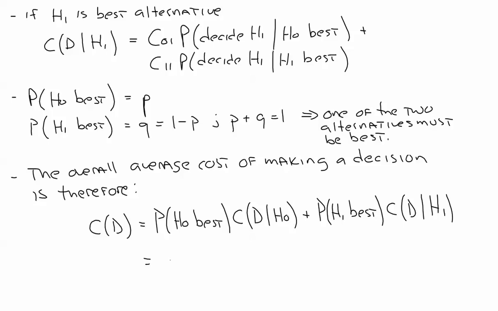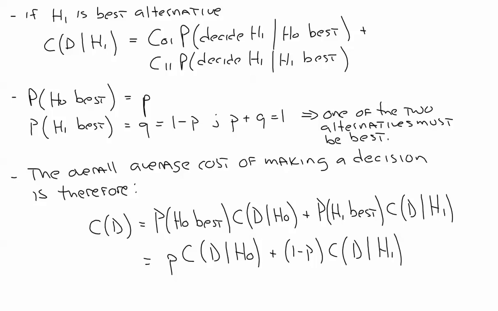Or little p times cost of making a decision given that H0 is best plus 1 minus p times the cost of making a decision given that H1 is best. All right?